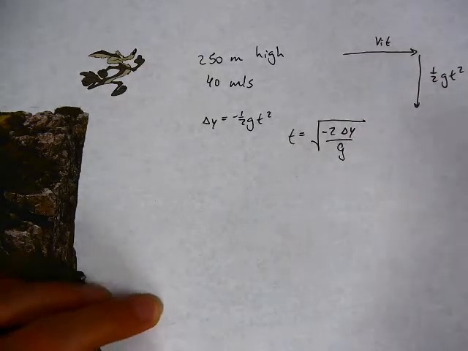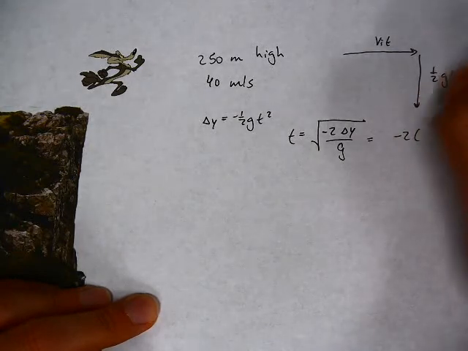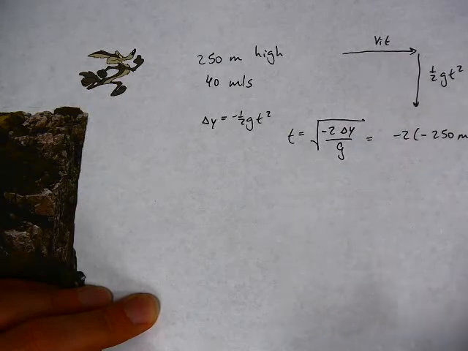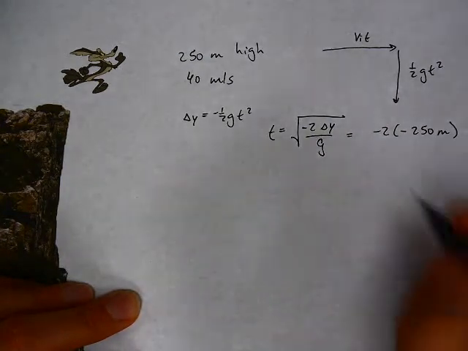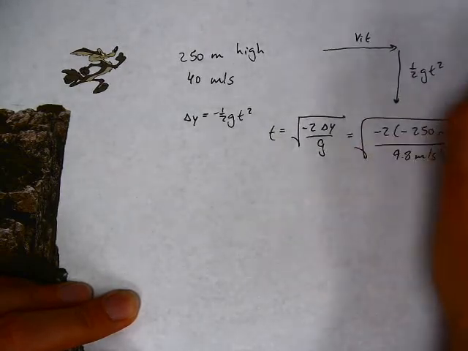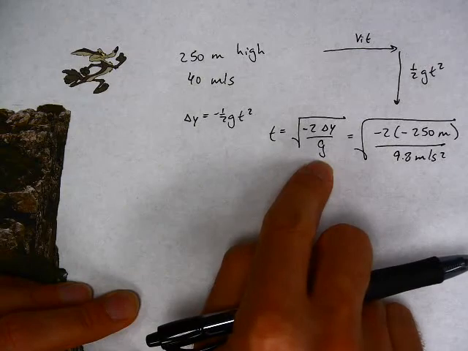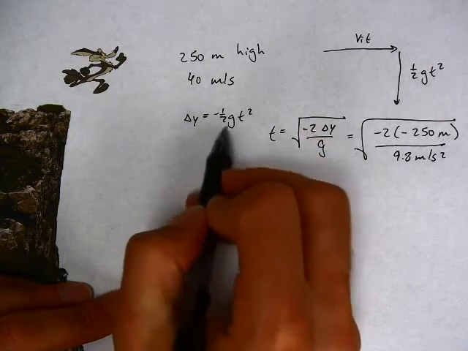That time, in this particular case, would be negative 2 times a negative 250 meters, negative again because it's a downward displacement, over 9.8 meters per second squared. And we take the square root. G is not negative here because it was negative over here.